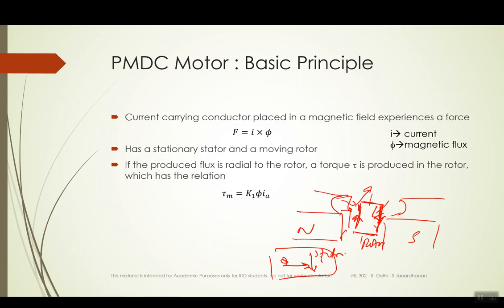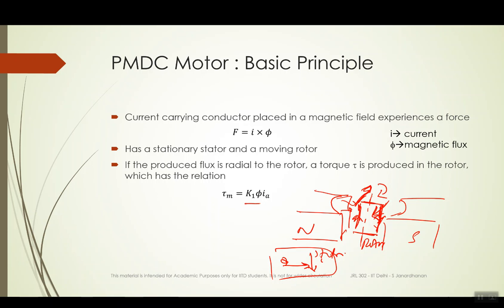You would see that due to the direction of the current and its orientation with respect to the magnetic field, these forces will actually produce a torque that will cause rotation of the rotor. It's going inward in one direction and outward in the other, so effectively a torque is produced.